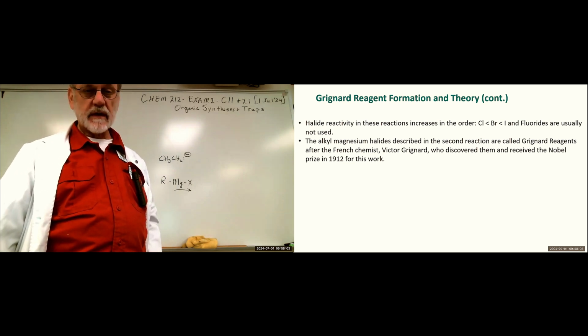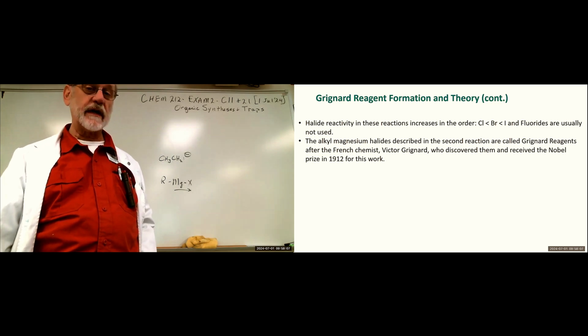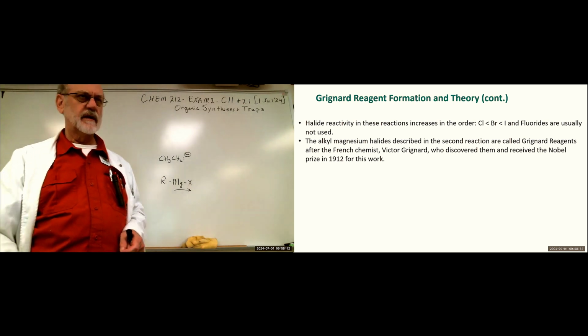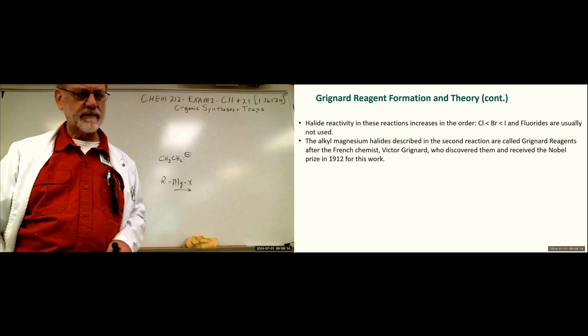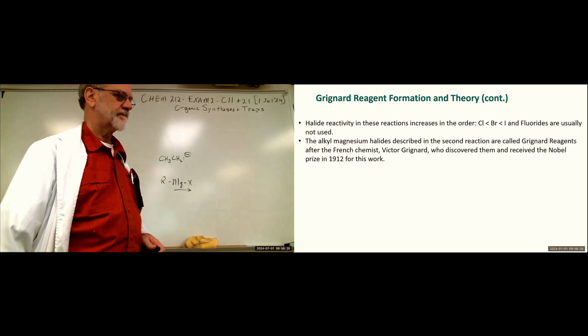Okay, here he is, Victor Grignard. He discovered this and got a Nobel Prize for his work in 1912. I thought he worked at the end of the 19th century, like in the 1880s or 90s. Can you die and still get a Nobel Prize, posthumously? Yes.